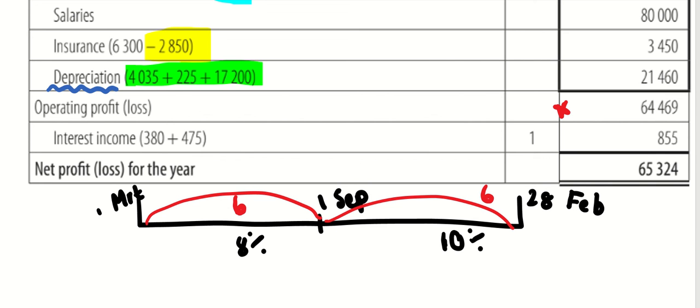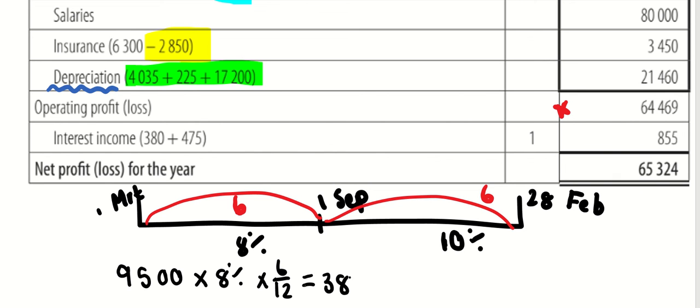So hulle sê vir ons, die vaste deposit toe, the fixed deposit, the whole amount for that is 9,500. Okay, so met ander woorde is 9,500 maal 8% vir 6 maande. So that calculation, if you do that, you will get to the following. En dit is die R380. So dis die bedrag wat jy klaar het.